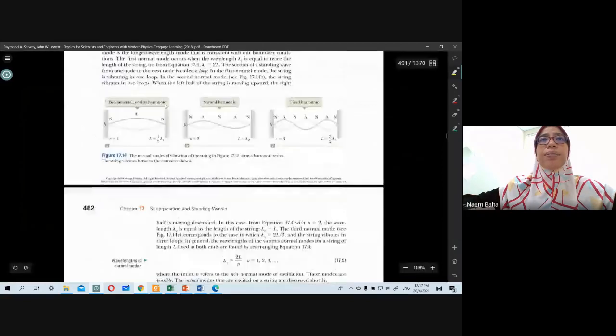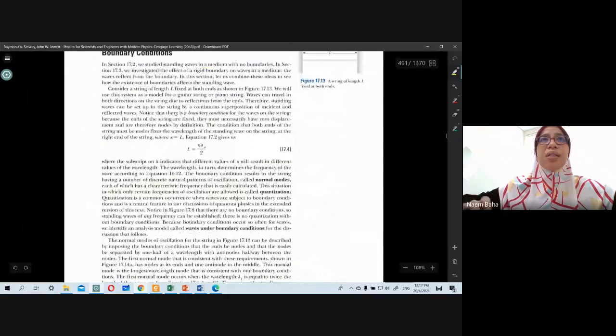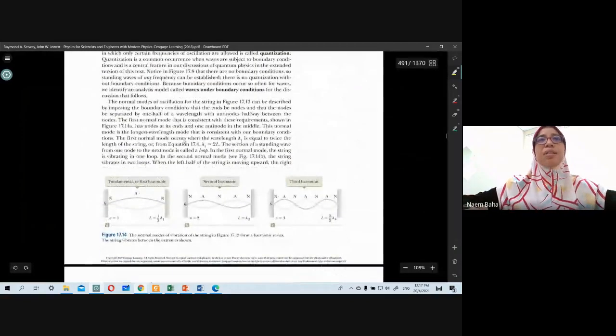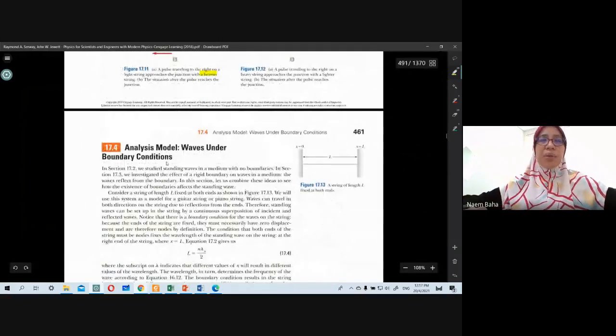All right. I promise you this would be our last, but I'm still interested to discuss this one. This is our first resonance model on a string. It must be done with fixed ends, both ends.